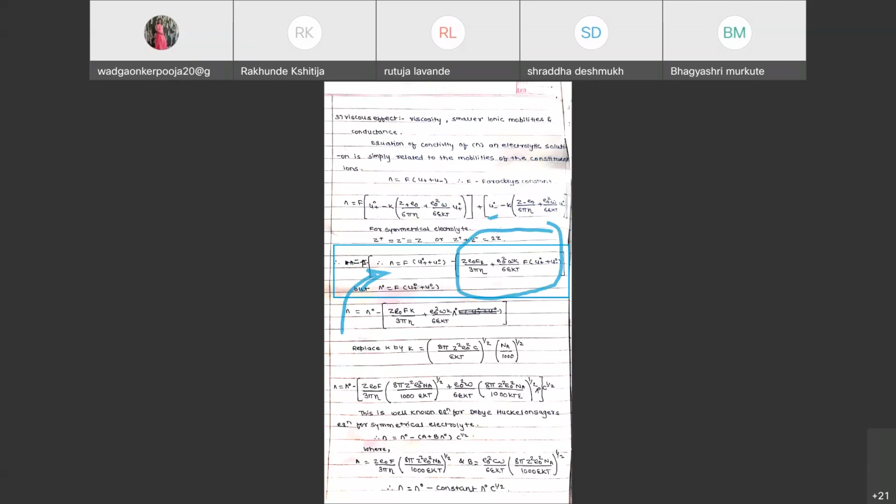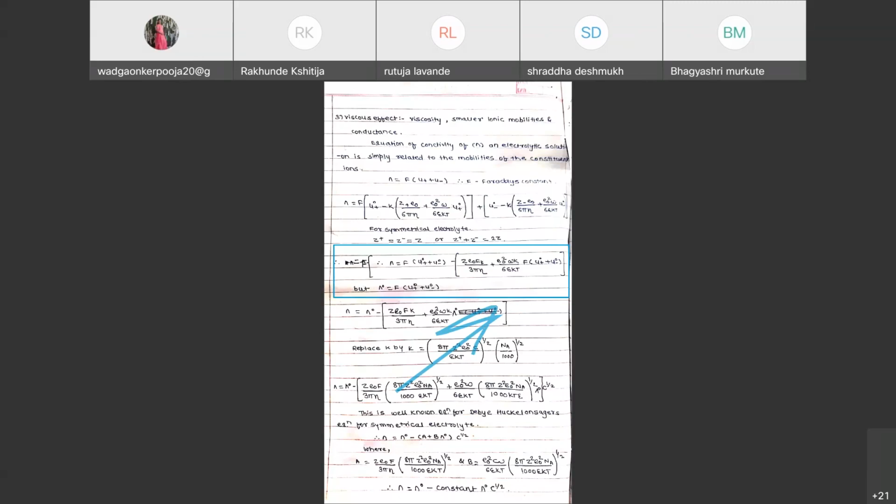E0, then after F, E0, then the term is F into K by 3 pi eta, where eta is the viscosity, plus E0 square omega K upon 6 epsilon kT into F, into U plus.